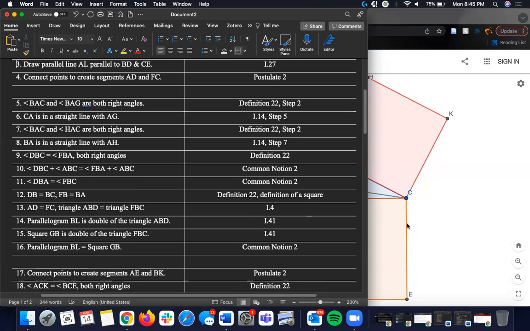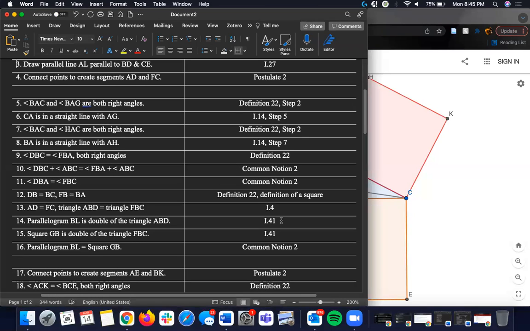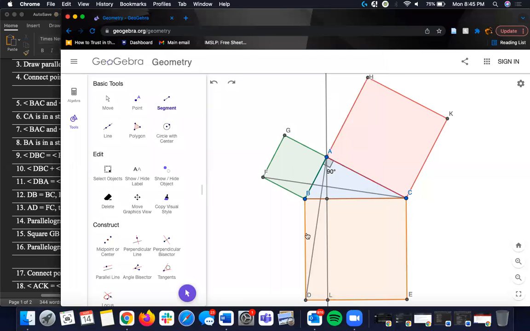Now, this is significant because the parallelogram BL that we have turns out to be the double of this triangle because they share the parallels on line AL and on the parallel line BD. And we know, according to Proposition 41, that that parallelogram is double that triangle.